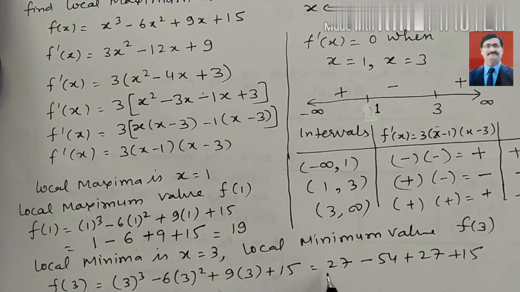Look at 27 and 27, 54 minus 54 cancel, we get 15. So the local minimum value is 15, and the local maximum value is 19.